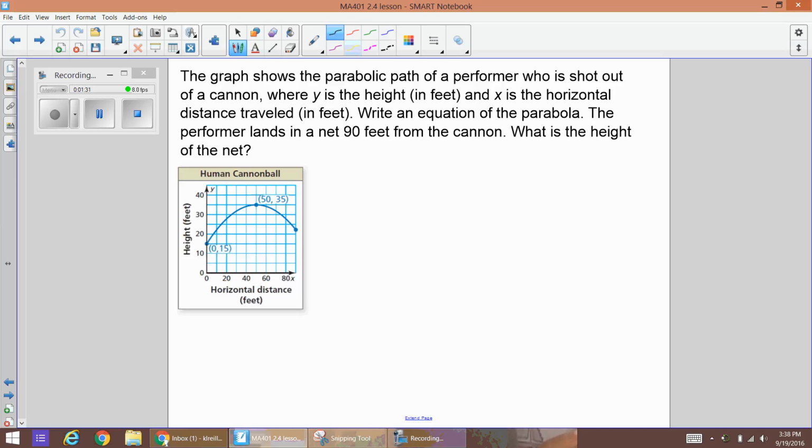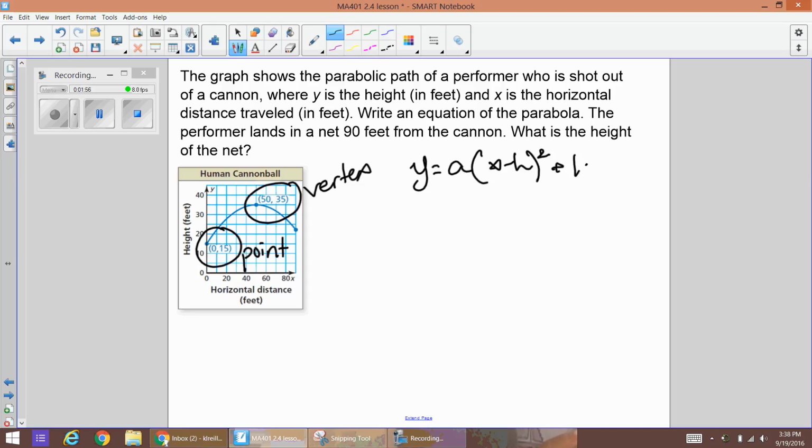So here we go. It looks like we don't have intercepts, because intercepts would be here at the x-axis. What we have is a vertex. The vertex is 50, 35, vertex, and a point. So we want to use the vertex form, which is a times the quantity x minus h squared, plus k, and now we plug in what we know.